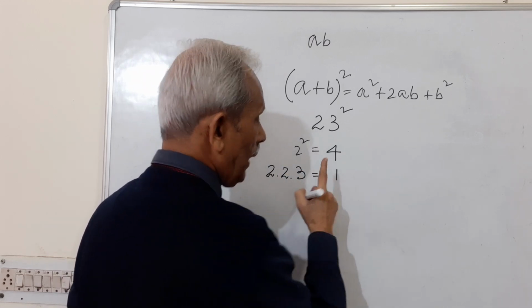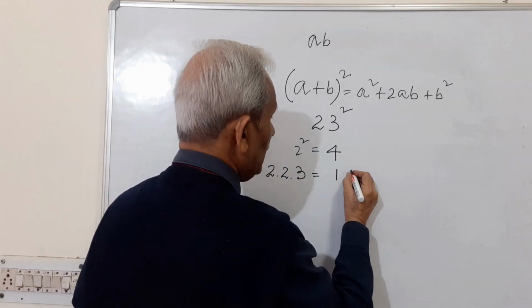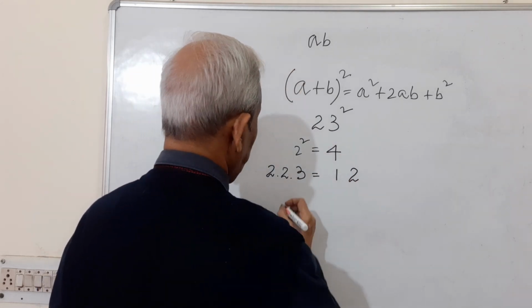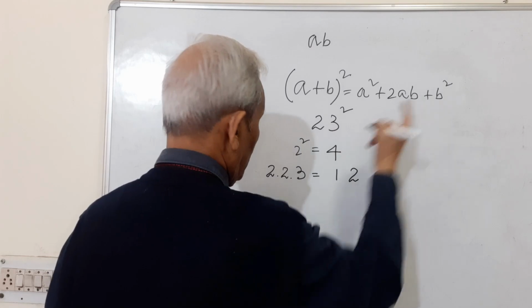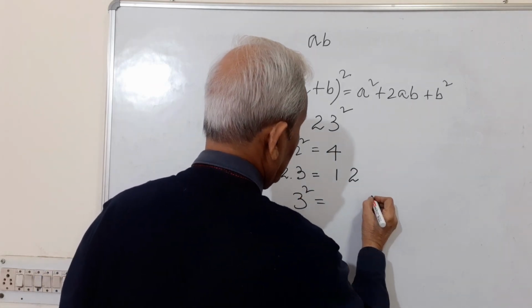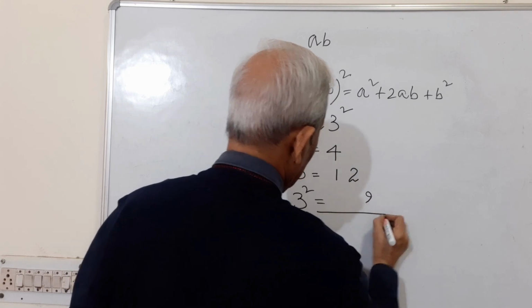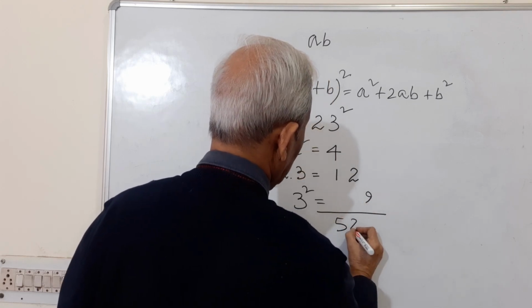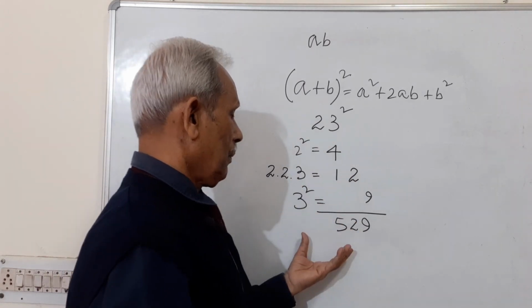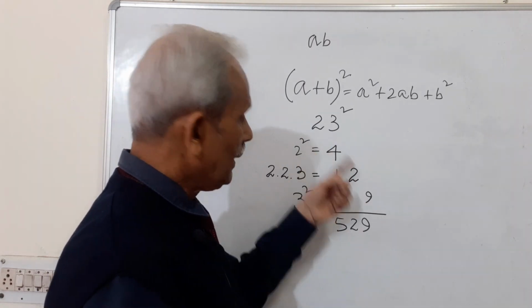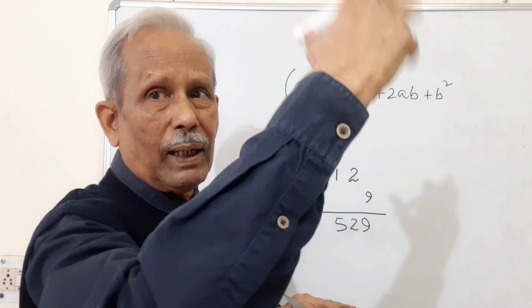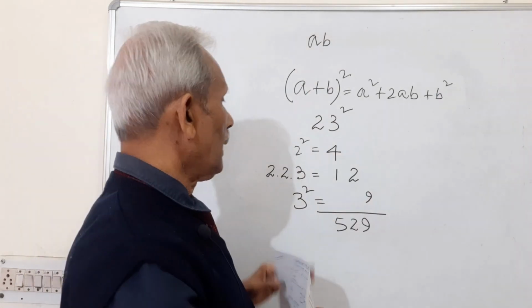I write 1 here, I will tell you why I am writing 1 here, and then there is 2, and then 3 square is 9. I write it here. The answer is 529. You have seen earlier also that 23 square is 529. But the entire mystery is lying in how I am writing this. So you can very easily do it without doing 20 square and all the 2 into 20 into 3, all that. Nothing is to be done.